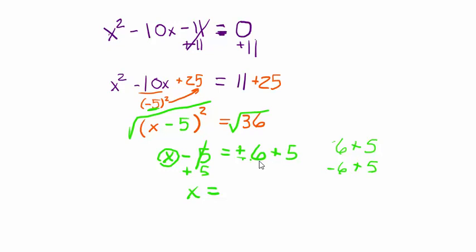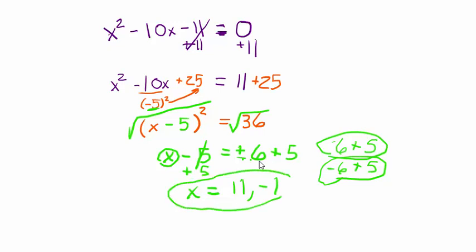Positive 6 plus 5 is 11, and negative 6 plus 5 is negative 1. So in general, you're going to have two answers here. And we'll talk about more, but you can have imaginary solutions, where you have the square root of a negative number, and you'll have i and deal with all that.